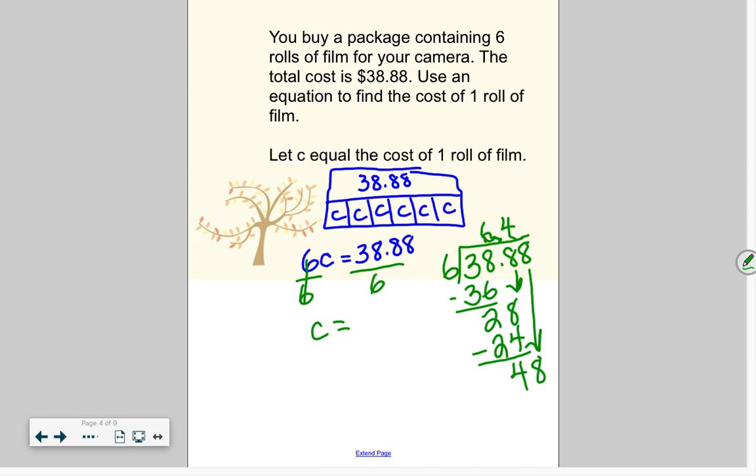Bring down the 8. 6 goes into 48 how many times? 8 times. 8 times 6 is 48. Remainder of 0. Our question: use an equation to find the cost of one roll of film. What is the cost of one roll of film? $6.48. Make sure you have a dollar sign there.